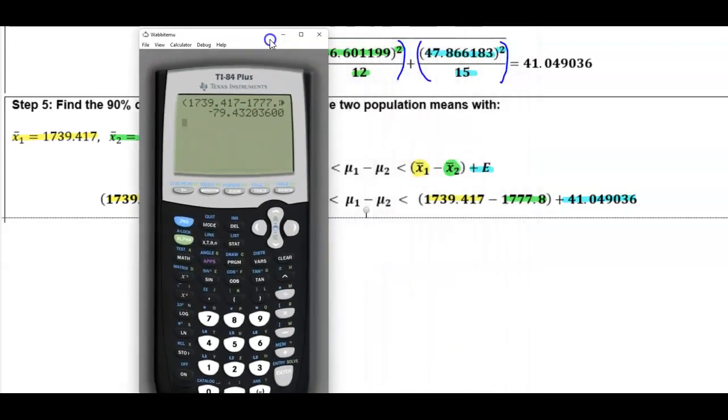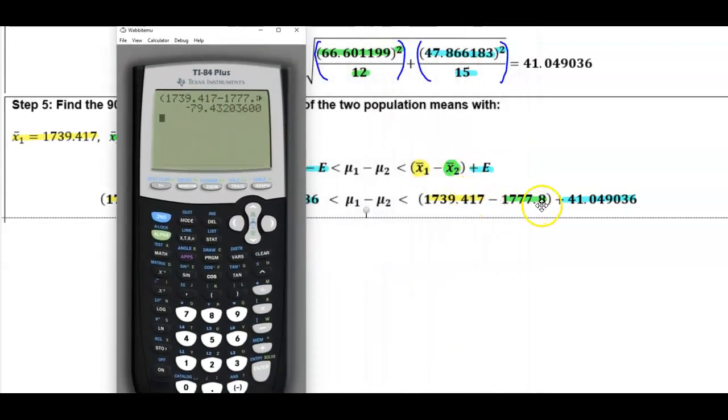Now, if we wanted to do the same thing on this side, if you have the calculator, we can go ahead and just press enter, and then just change the sign next to the margin of error over here to be a plus sign. And therefore it gives us this value.